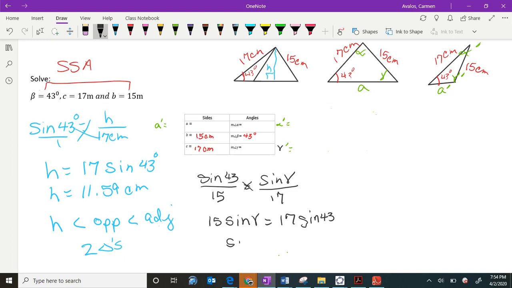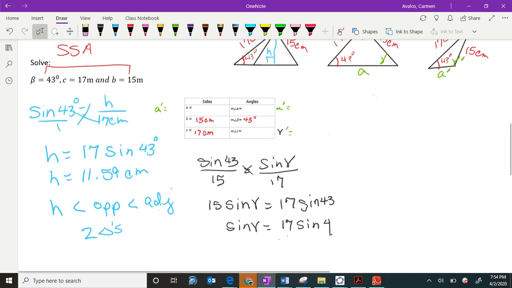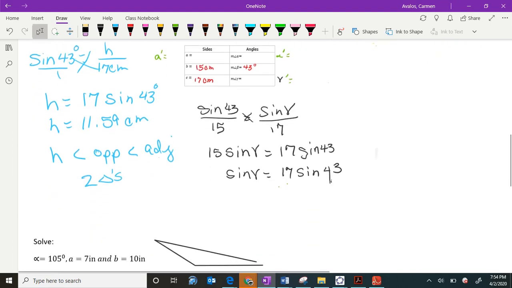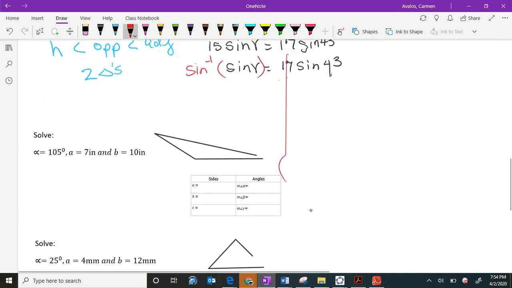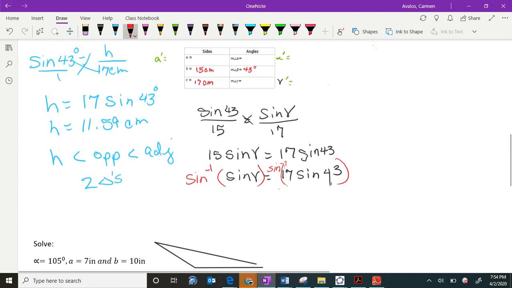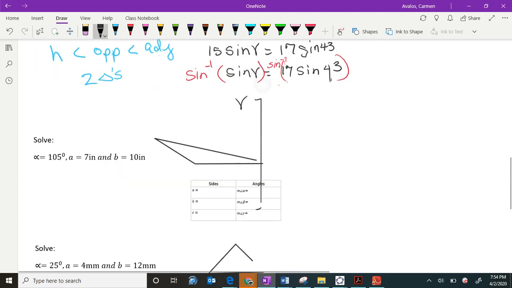So sine of gamma is going to be 17 sine of 43 over 15. Then we need to get gamma by itself, so we do the sine inverse on this side, and the sine inverse on that one as well. What we end up with here is gamma.